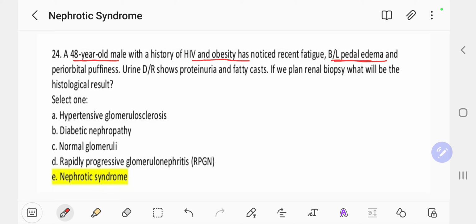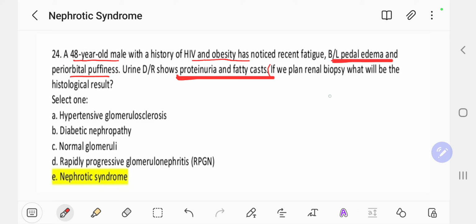So this is the main point. As I told you earlier, the patient will have pitting edema and periorbital puffiness. Okay, the urine report shows proteinuria and fatty casts, and this is the most important one. Again, this one is important. Actually, this one is also important.